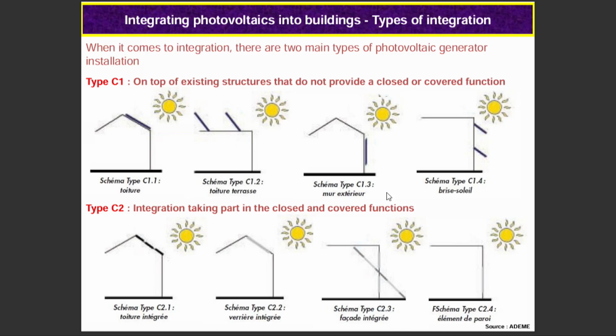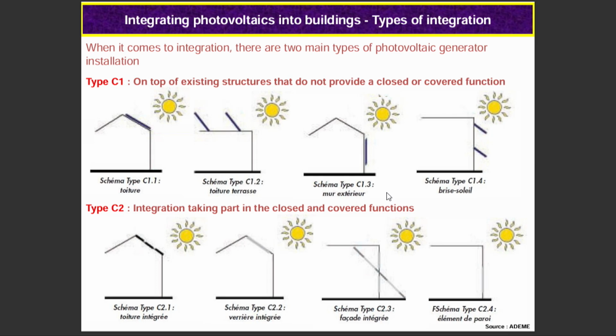Okay, so there are many categories that are considered to be integrated or not. The first one is on top of an existing structure that does not provide a closed covered function. So you can find all the configurations: juxtaposition on the roof, just on a flat roof, on a facade, or shading.